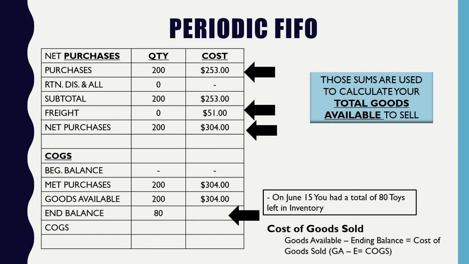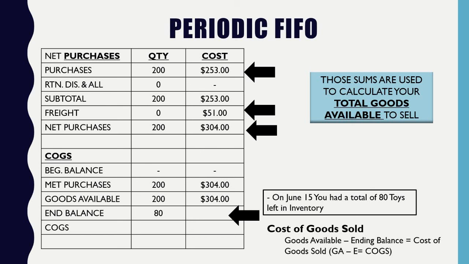We're going to be recognizing our total purchases, any returns and allowances, what our subtotal is, we're going to add our freight, and then we're going to end up getting what's called net purchases. This is the total amount of inventory I purchased within the first 15 days of June.